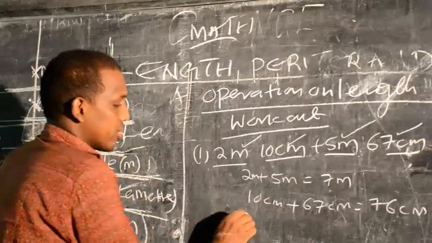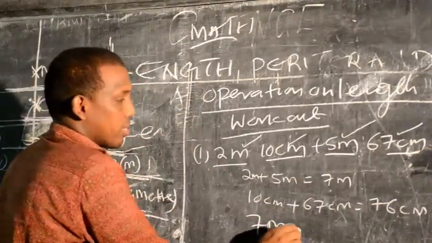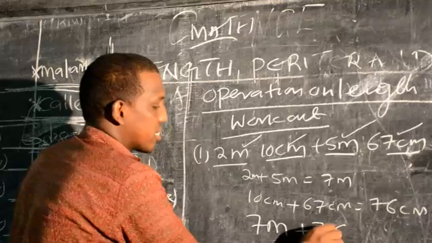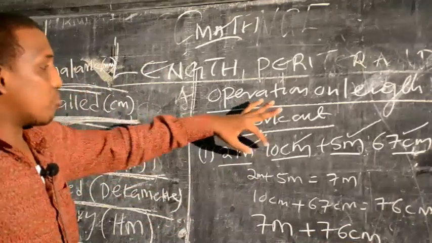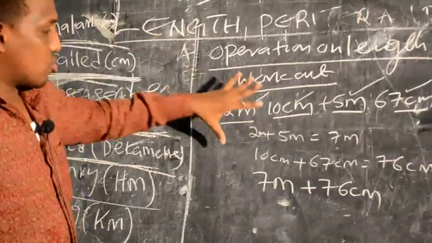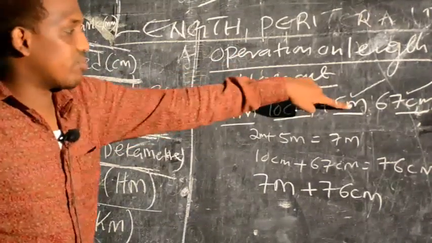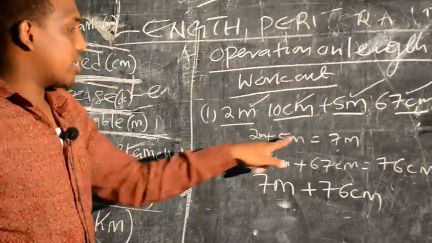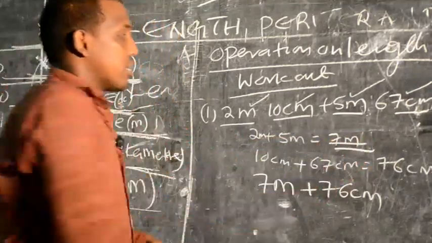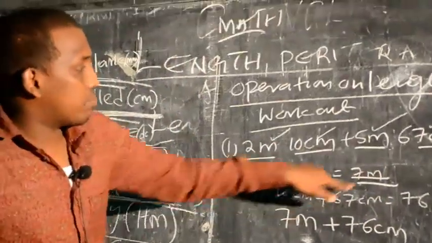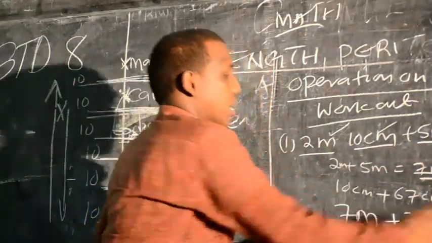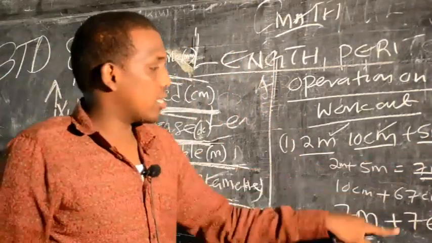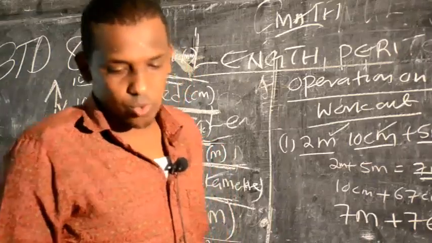Now we say 7 meter, the answer will be plus 77 centimeter. Those that resemble, you group them together. Now arrange them. 7 meter plus 77 centimeter. That's how we solve that question.